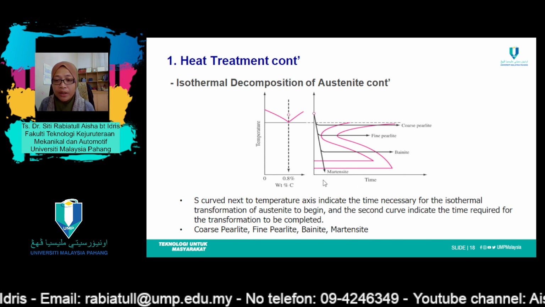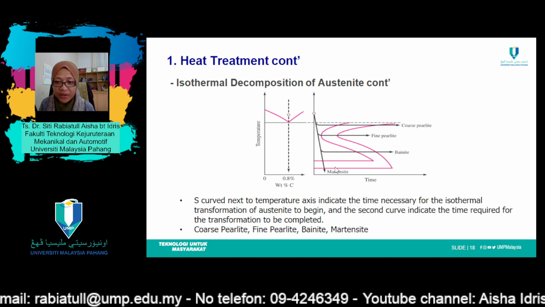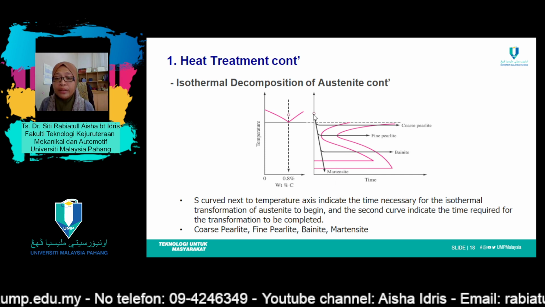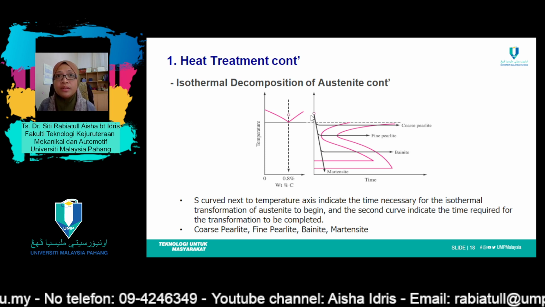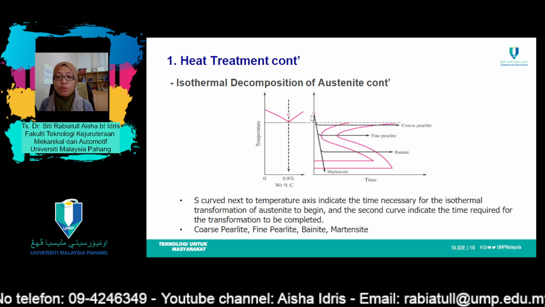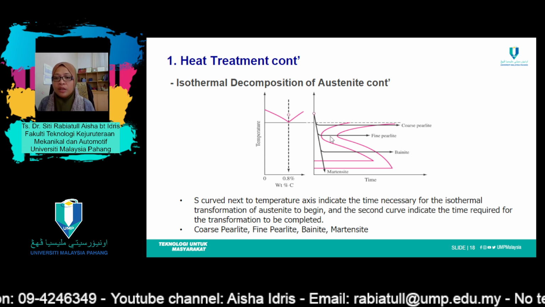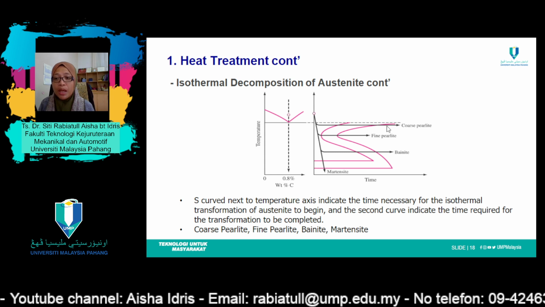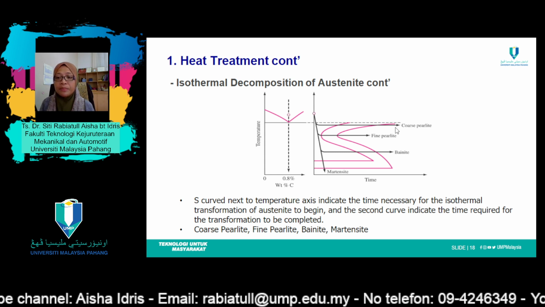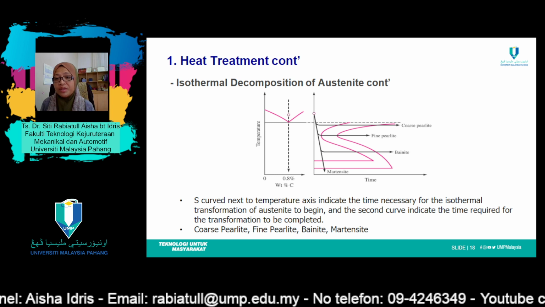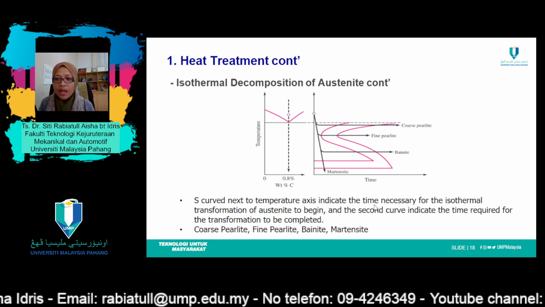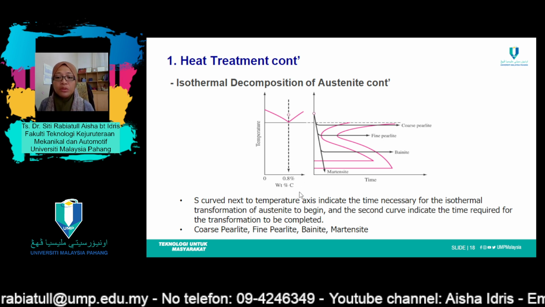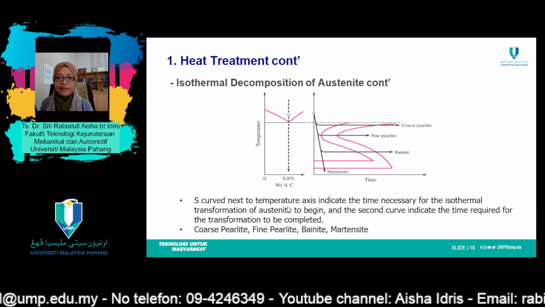The bottom part over here is the martensite phase. This one is the cooling point, which is a temperature below austenite temperature. Following this line, you should be able to produce the different types of structure that are needed. And this may only occur for carbon steel equal to 0.8 weight%.